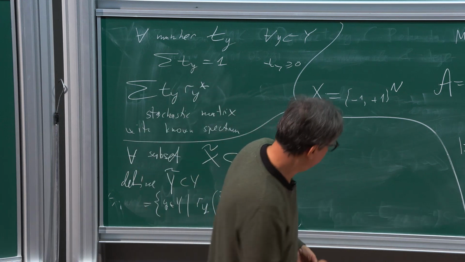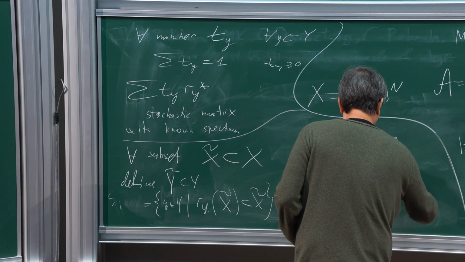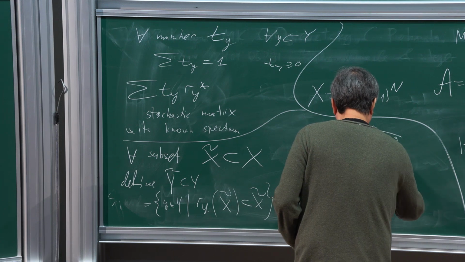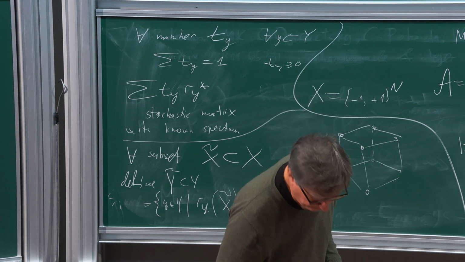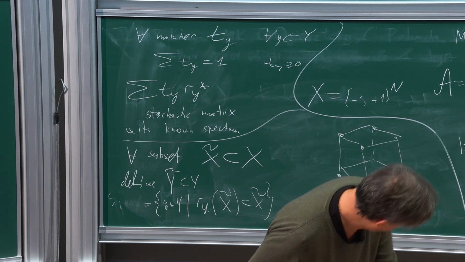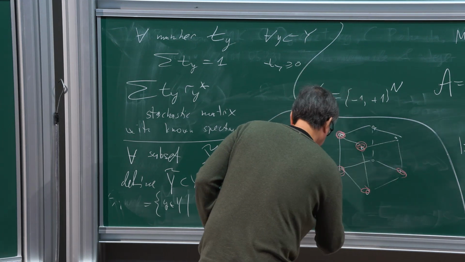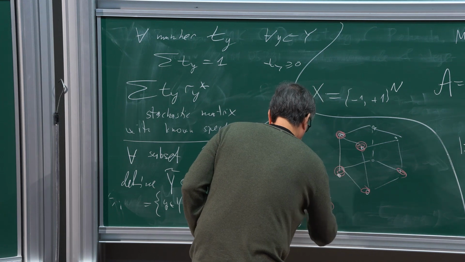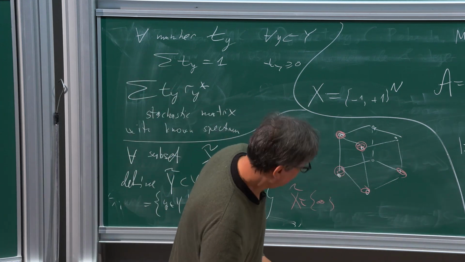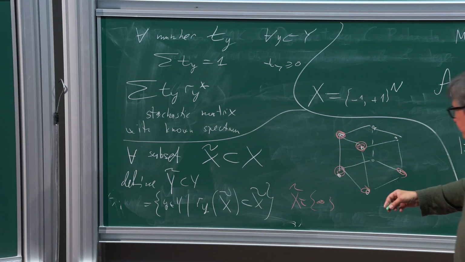Let me draw a little picture. Consider a 3-dimensional cube. In this cube I put some vertices, which will be my x tilde. It will be five vertices like this, and we ask which retractions to which faces preserve these 5 vertices.